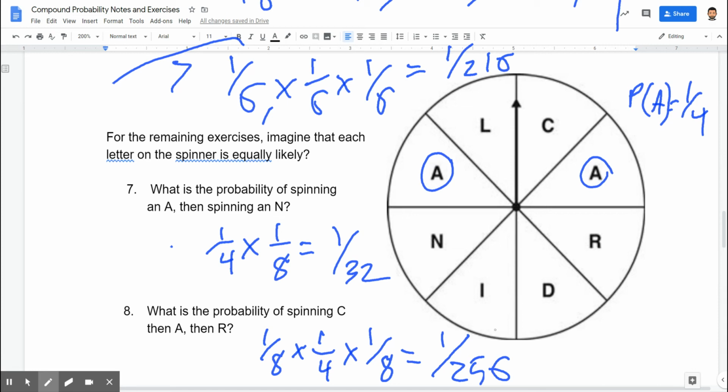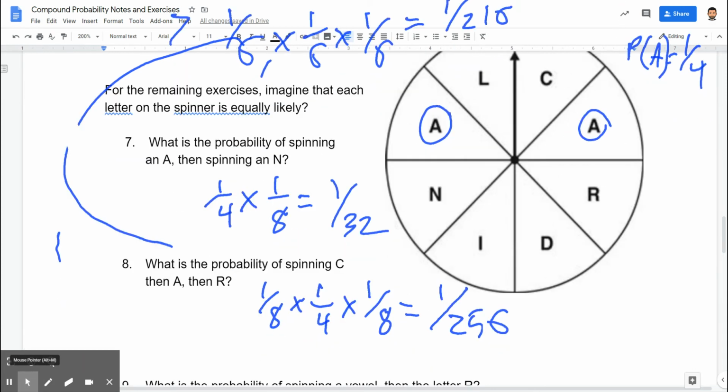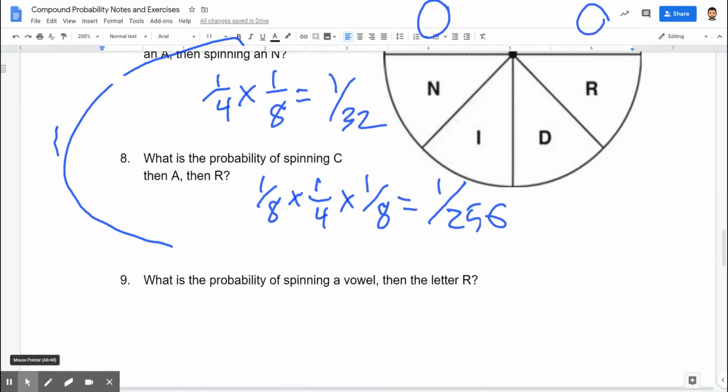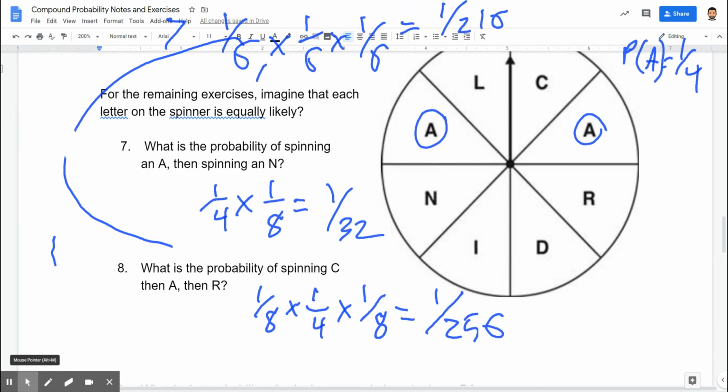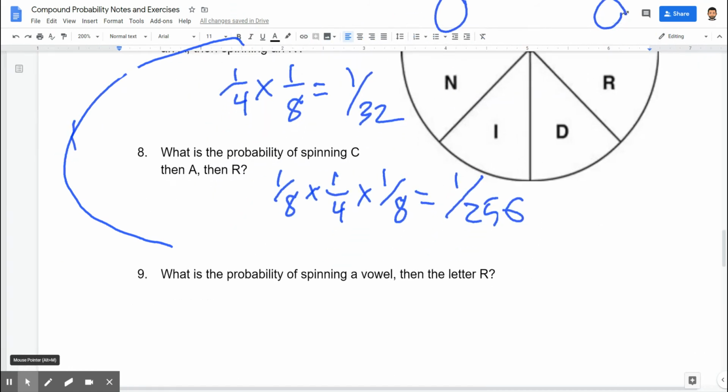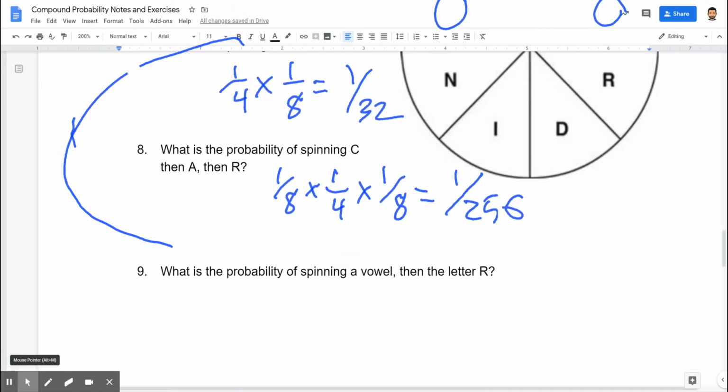All right. What's next? Probability of a vowel, then R. So let's see. I have 3 vowels, A, and I. So it's going to be 3 out of 8 times the letter R is 1 out of 8.